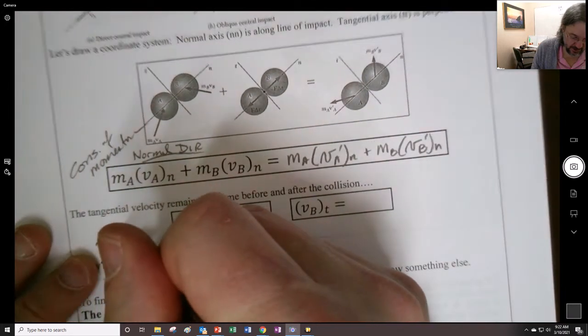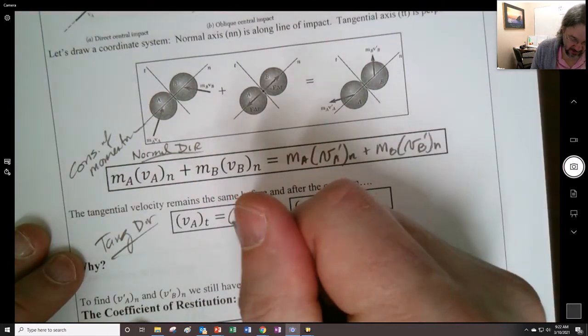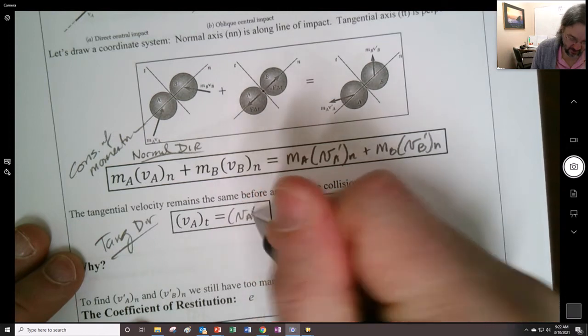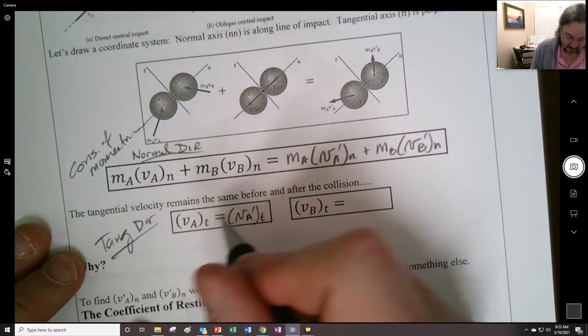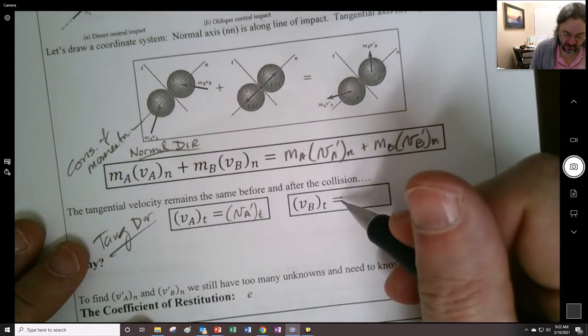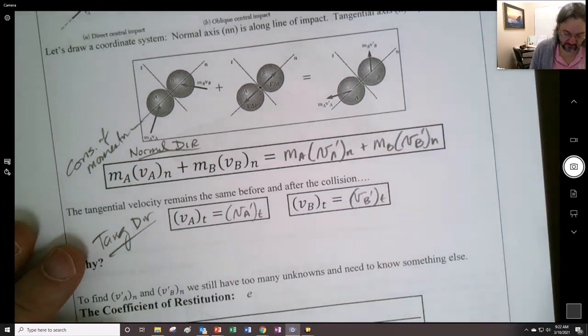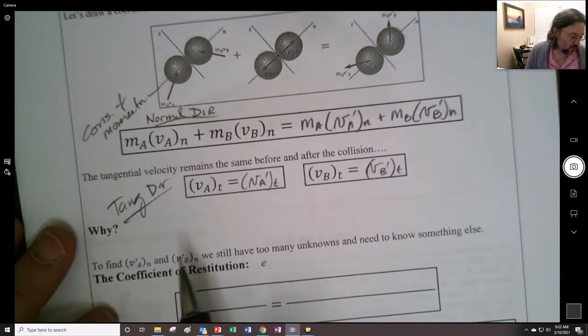In the tangential direction, we will find out that vA prime is going to be equal to vA in the tangential direction. Same thing right here. And you go, why?